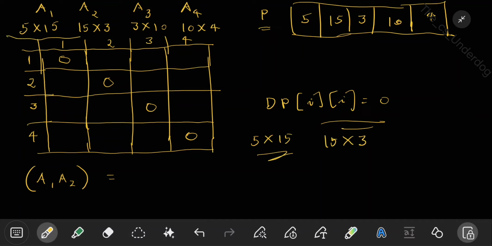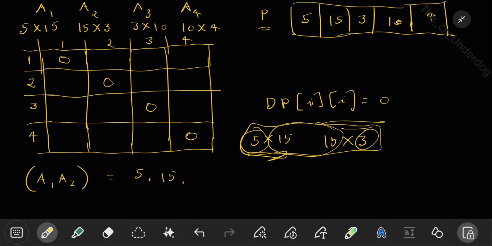Where did I get it from? From here. Here I have already mentioned what A1 and A2 are. If I multiply these two, the total number of scalar multiplications required will be 5 into 15 into 3. 5 into 15 is 75, into 3 is 225. This is the total number of scalar multiplications. I'll mention it here: dp of 1, 2 is 225.